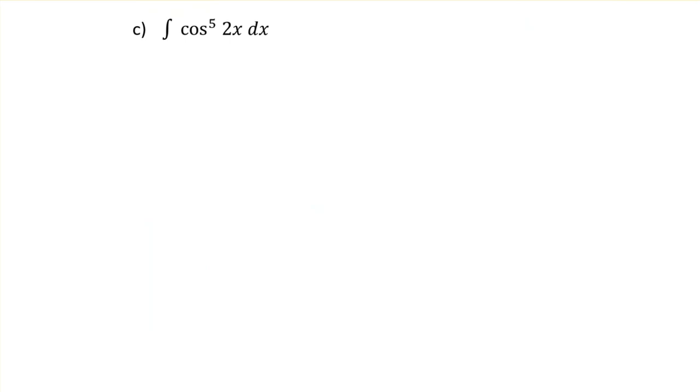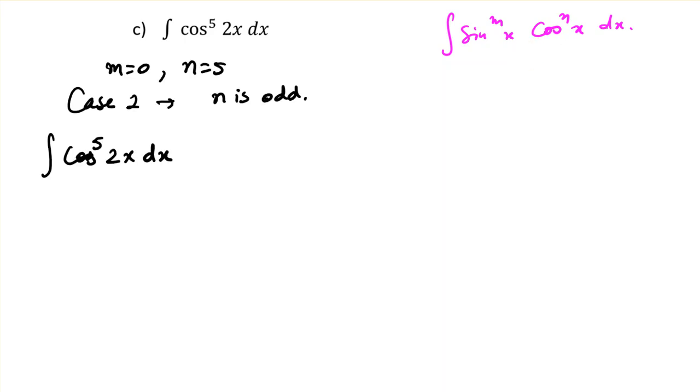So in this one, we notice that our general form was sine mx cosine nx dx. In this case, we notice that m is 0 and n is 5, which is odd. So this is our case number 2, when the power of cosine is odd. So now pretty much we're going to follow the same steps that we did in the previous example.